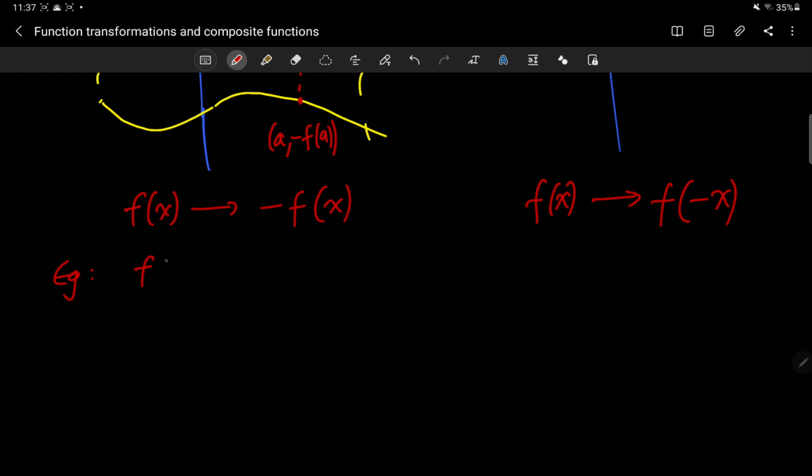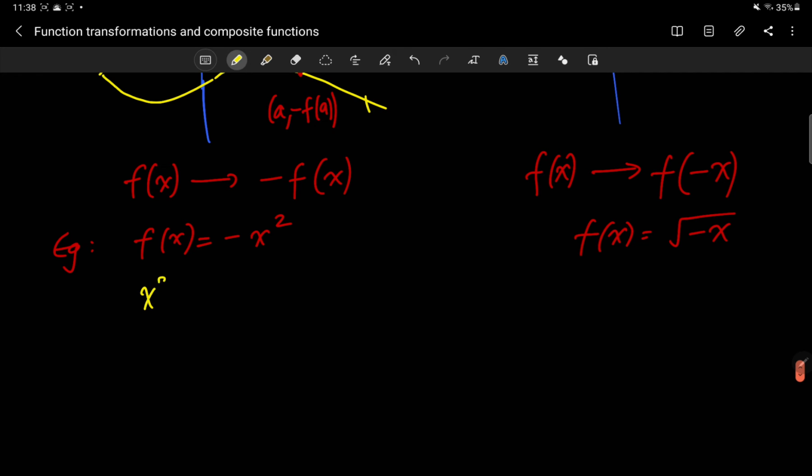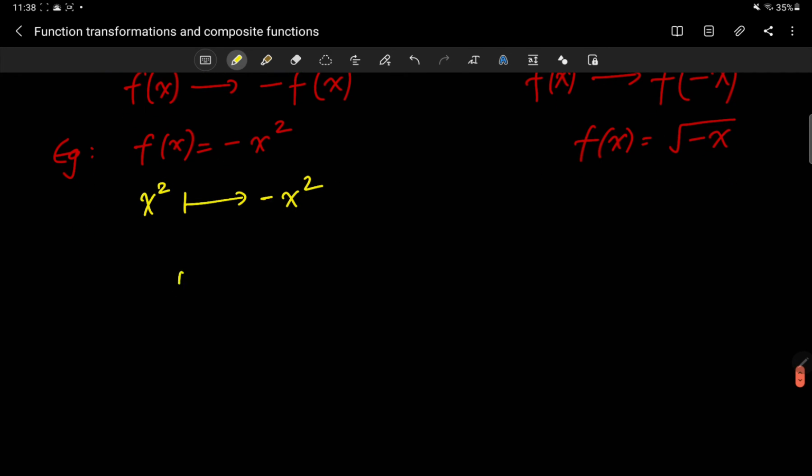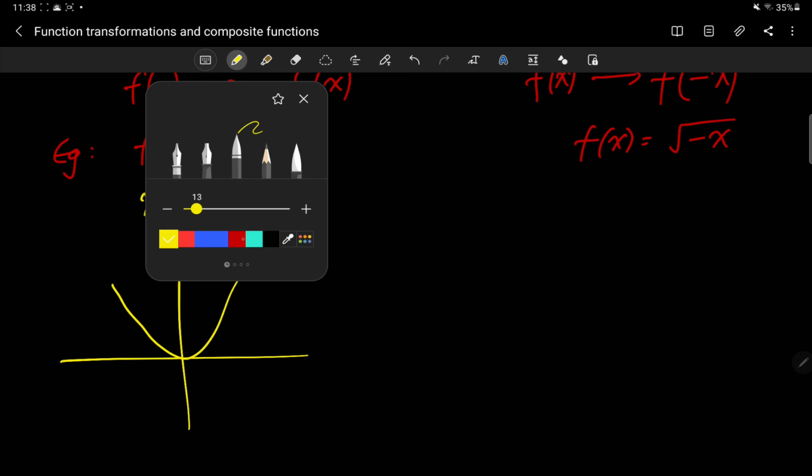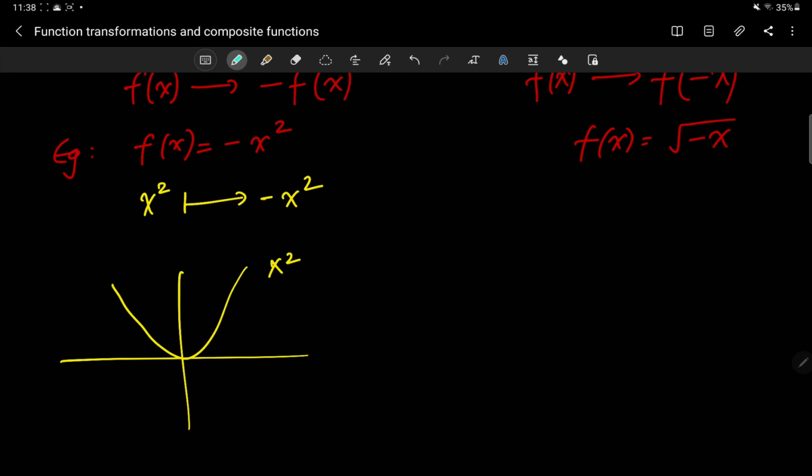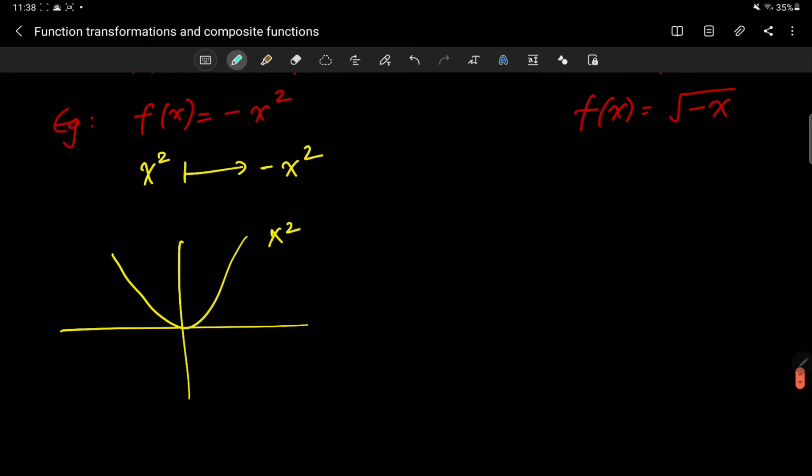Let's say you have to plot the graph for negative x squared, and then you have to plot the graph for square root of negative x. The way to go about it is, you start with x squared and then you go to negative x squared. Negative x squared means you're reflecting about the x-axis.